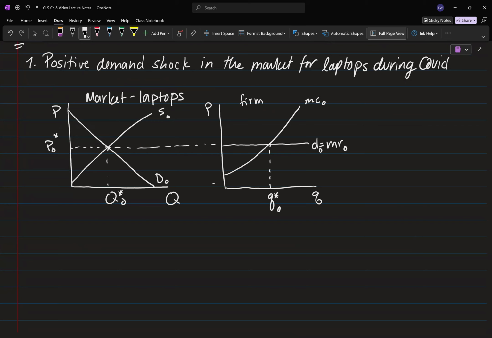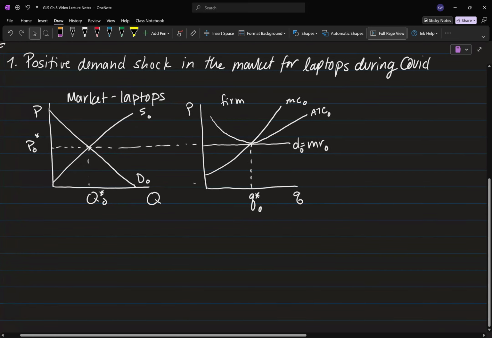Its intersection with marginal revenue shows how much the firm is going to produce. And then if we're in long run equilibrium, profit should be 0 for each firm. And so our average total cost curve is going to intersect the marginal cost curve where it intersects the marginal revenue curve. So price will equal minimum average total cost, which gets us profit of 0.